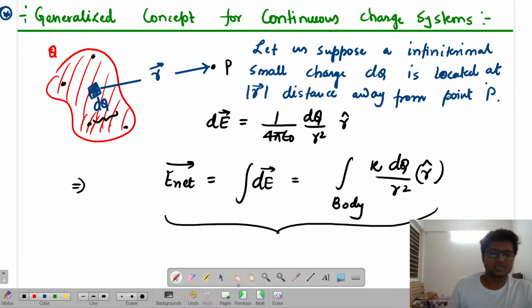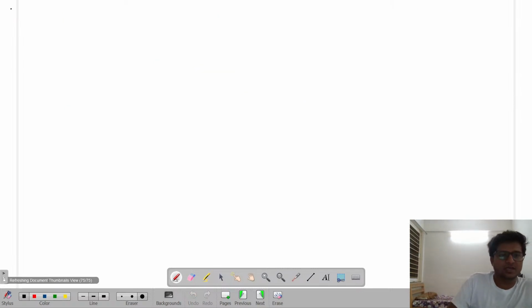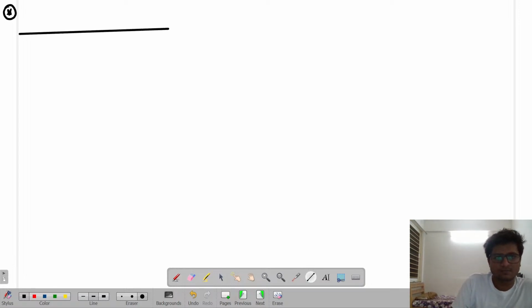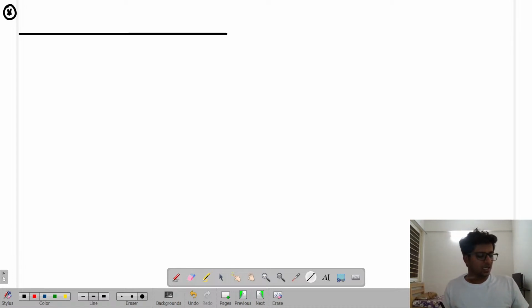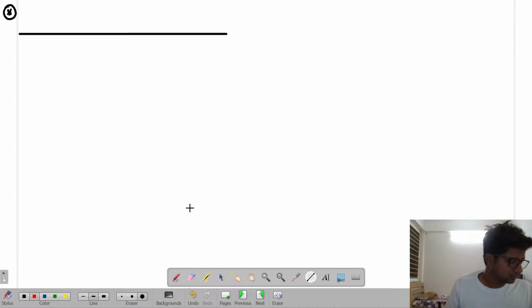Okay, so let us start by taking the first generalized case. And we call that a uniform rod. They have taken uniform rod or ring.